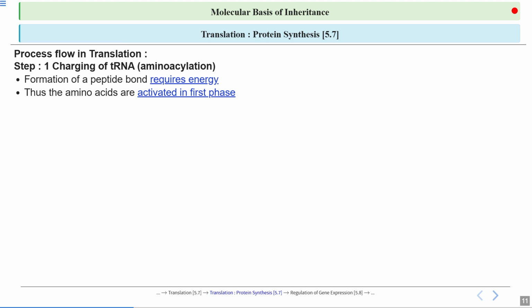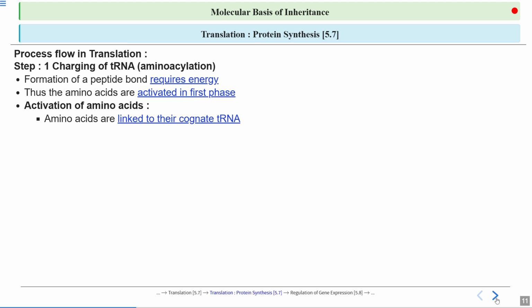We have studied in the second slide what a peptide bond is. A peptide bond is when the carboxyl group of one amino acid and the amine group of another amino acid join together by the release of water. The formation of those peptide bonds between amino acids requires energy. Thus amino acids are activated in the first phase.